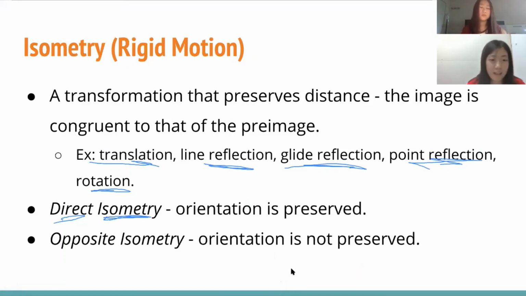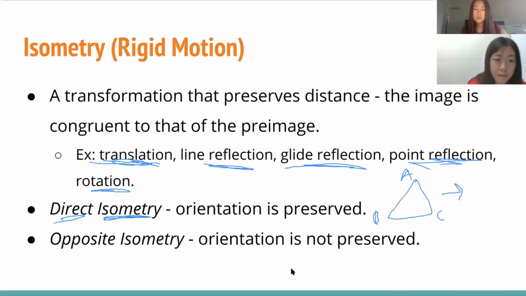So a direct isometry is when the orientation is preserved. Like in translation, all the orientation is preserved. If you have a triangle A, B, C, and after you transform it over the coordinate grid, it will stay the same as A, B, C. But in an opposite isometry, the orientation is not preserved.